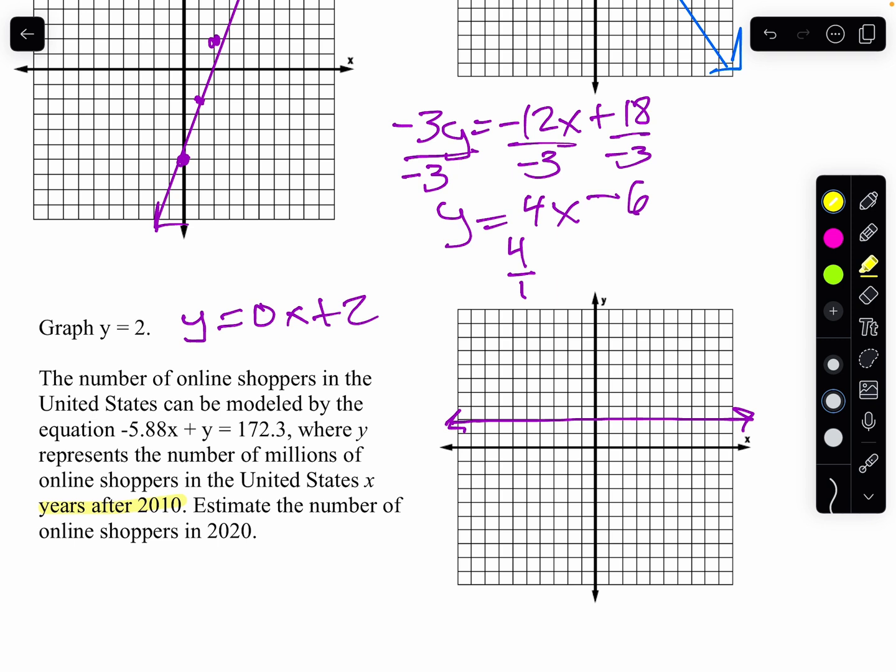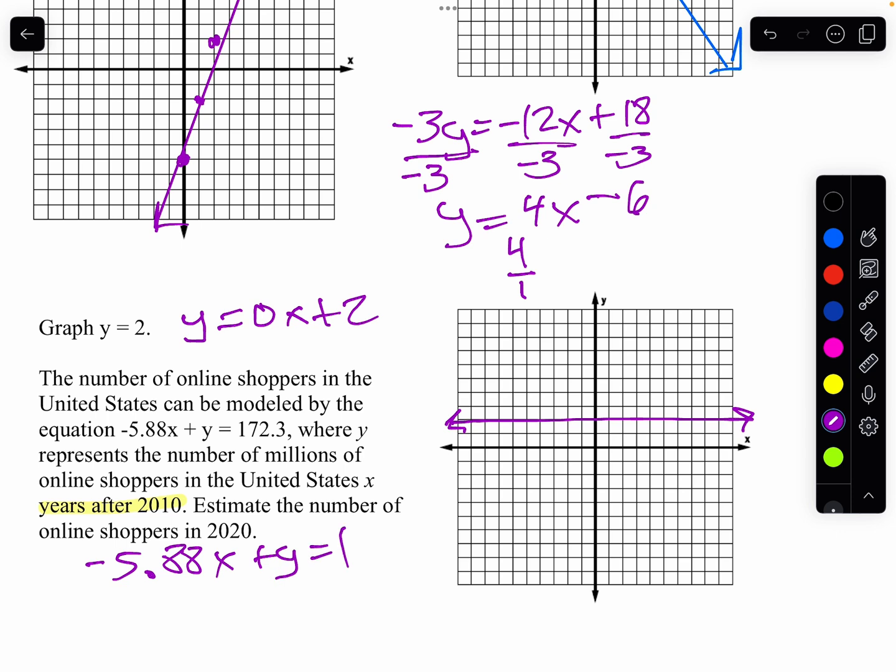2020. Well, I think what we'll do first is we'll get this equation in slope-intercept form. So we have negative 5.88x plus y equals 172.3.